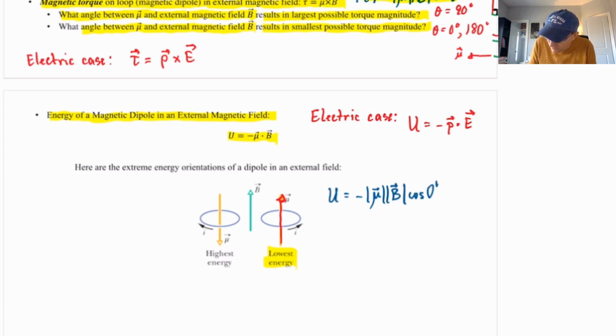And the cosine of 0 is positive 1. So this is just negative magnitude mu, magnitude B. That's the lowest possible energy.